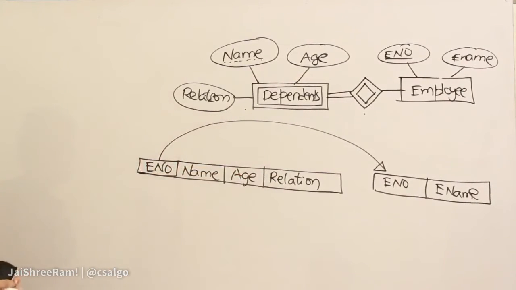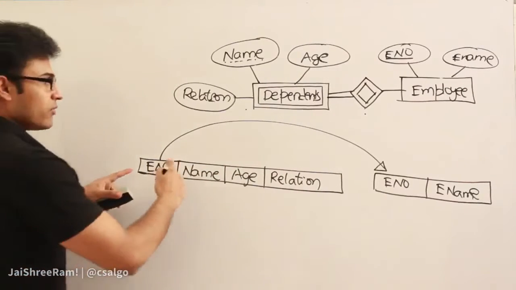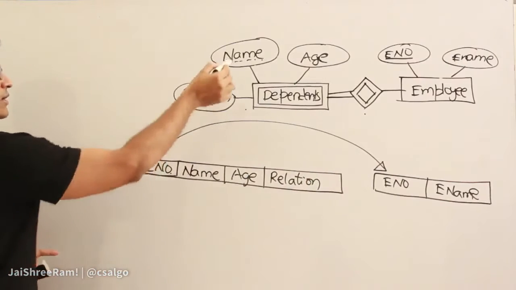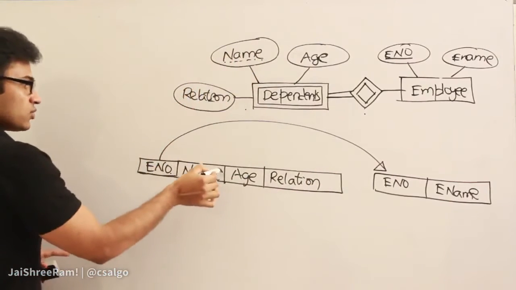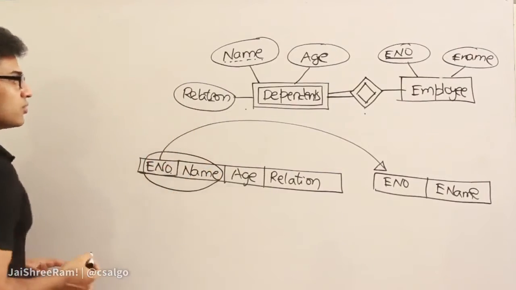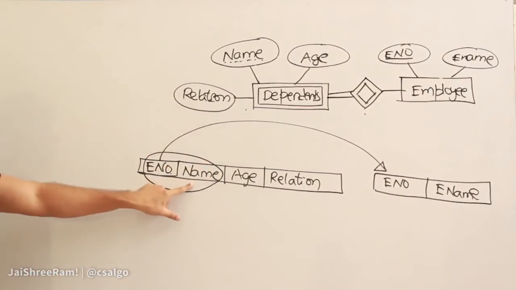Got it? Then what about the primary key of this table? The foreign key, along with the partial key, which means this one. These two are going to make up the primary key, where name must be a partial key.